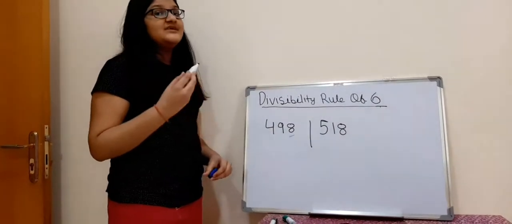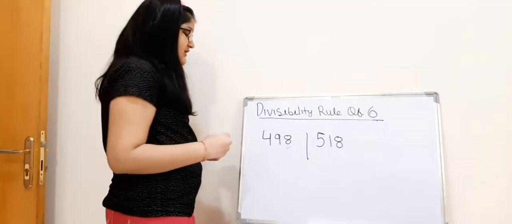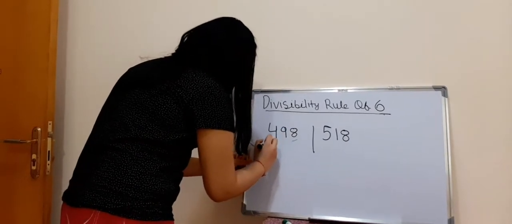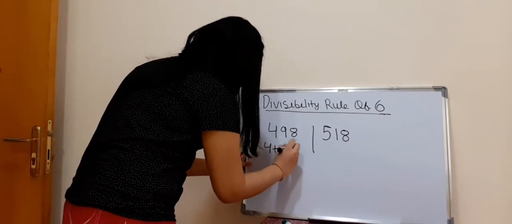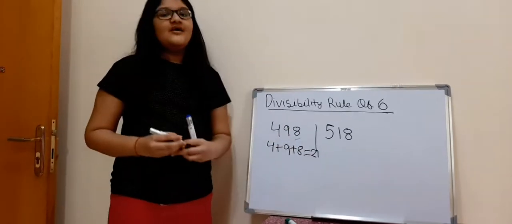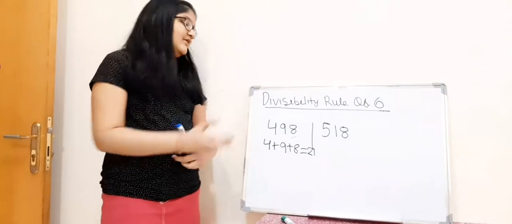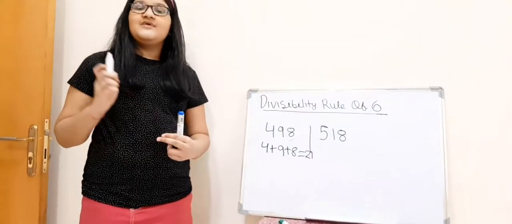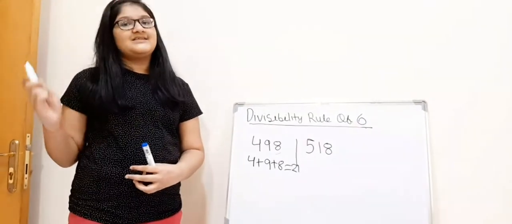Now, let's see if it's divisible by 3 or not. For 3, the sum should be divisible by 3. So, 4 plus 9 plus 8 equals 21. Now 21 is also divisible by 3. So 498 is divisible by 2 and 3. So it will also be divisible by 6.